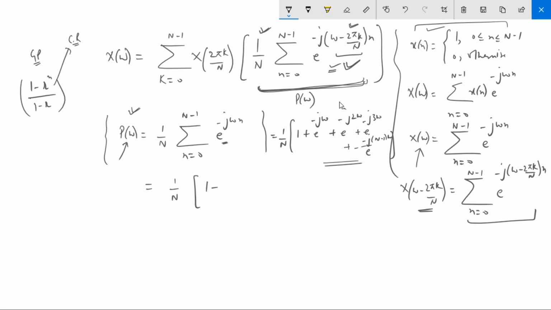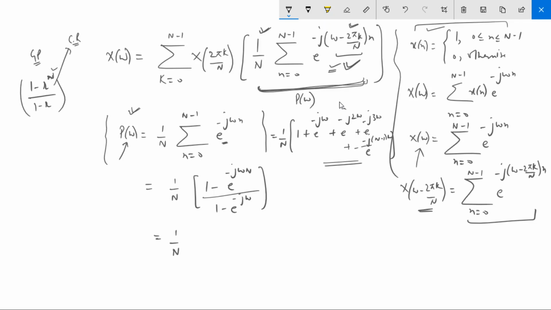So in this case, my common ratio is e raised to power minus j omega. So it is (1 minus e raised to power minus j omega, raised to power N), where this is capital N, upon 1 minus e raised to power minus j omega, that is r. So you can simplify it.